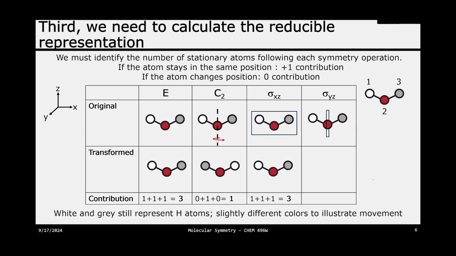Now what about our YZ plane? Same as the C2, because both our hydrogens have switched positions. So while symmetrically it's the same, since our physical atoms have moved, the contribution is +1. Does this part make sense?